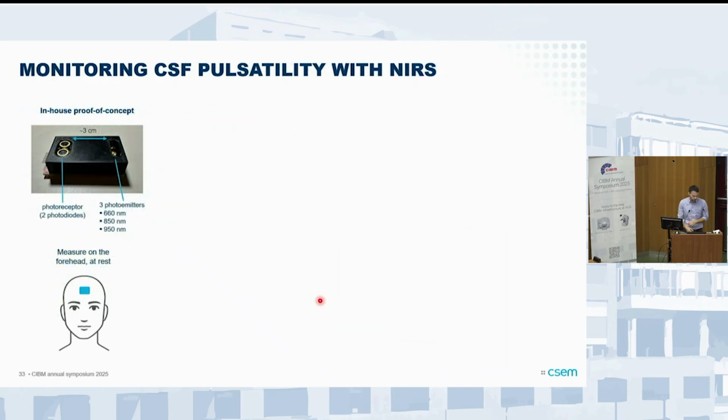This is just a prototype that I convinced my colleagues to build, which has 3 wavelengths that are favorable to these tests. So I wanted to see if we could reproduce these observations with this technique.